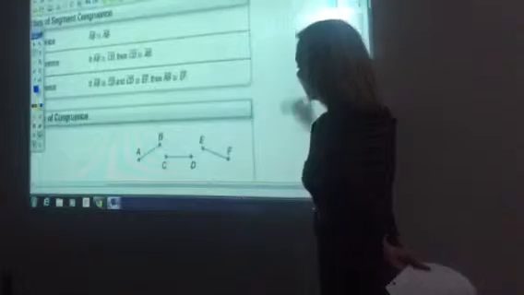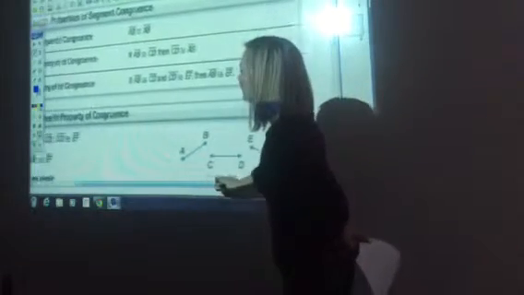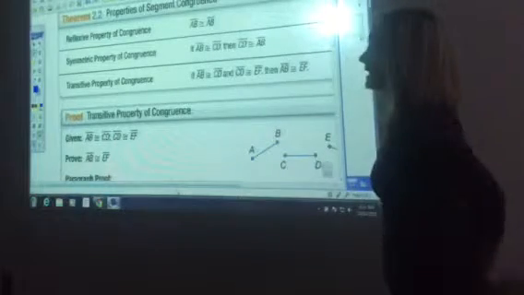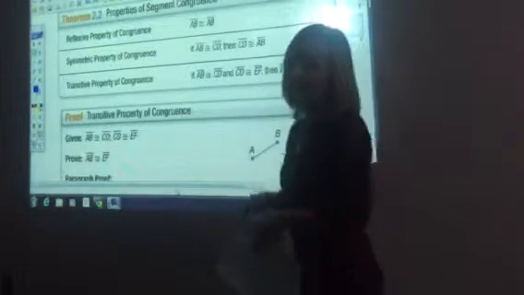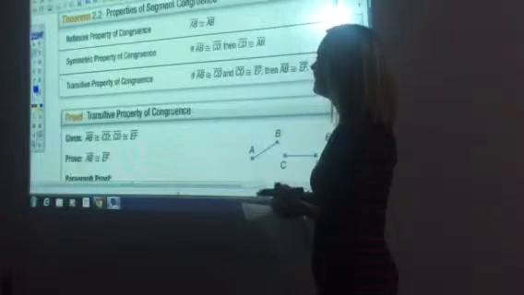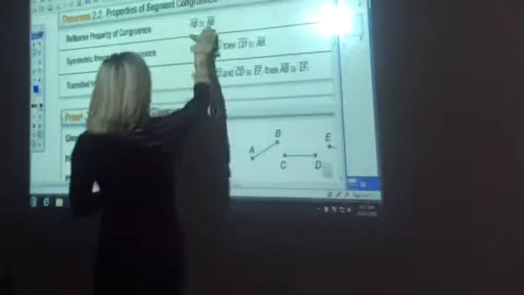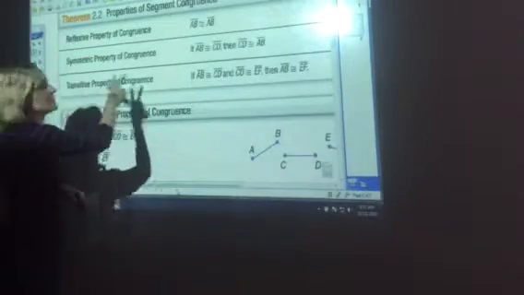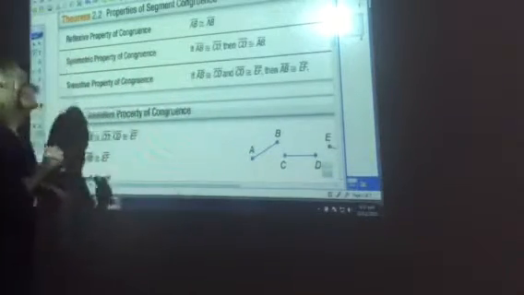The next part, they're going to talk about the properties: the reflexive, symmetric, and transitive property. We talked about that last time, and now we're going to talk about how it applies to segments. So the reflexive property of congruence for segments: AB is congruent to AB, because they are the same on both sides.